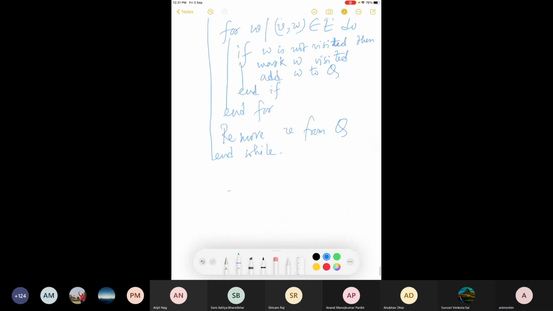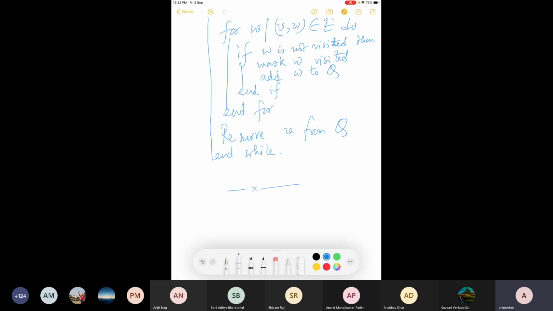Okay. So we'll stop here, and now Arijit will show you the previous year's experiment that we gave in the lab, and this will also be a nice example for BFS. I think he's going to show you both the BFS and DFS applications.